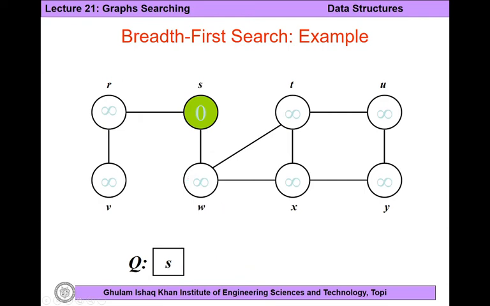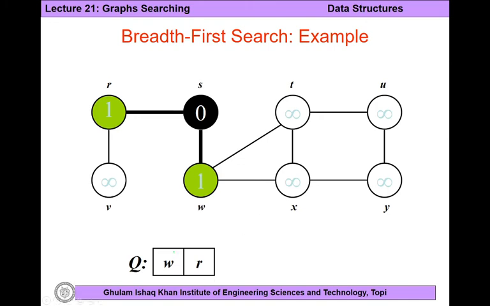And what will happen, this S will become black, and these will become green, right? Now if you see, this S has become black because it has been completely explored. R and W have been put into the queue, and they are now green because they are in ready state, and the rest of the nodes are white because they are totally unexplored.